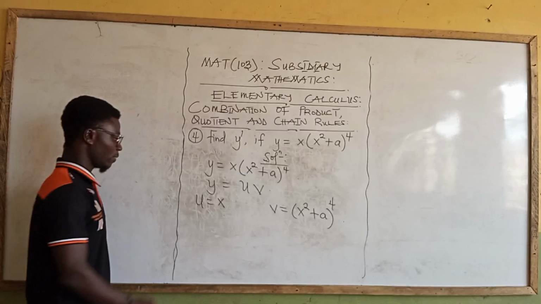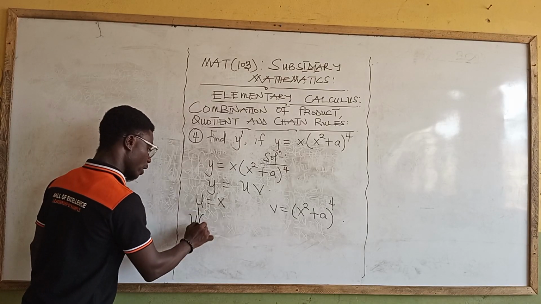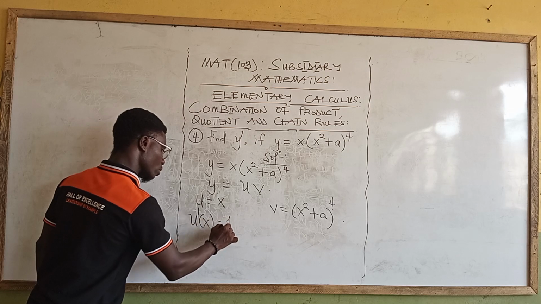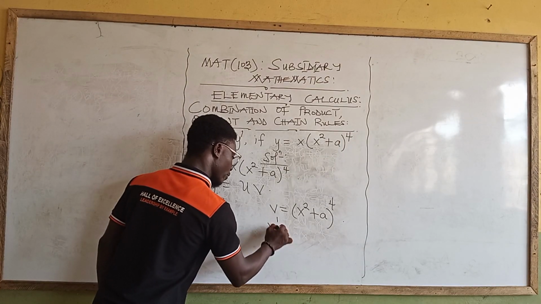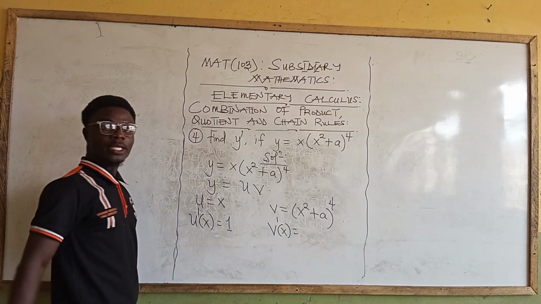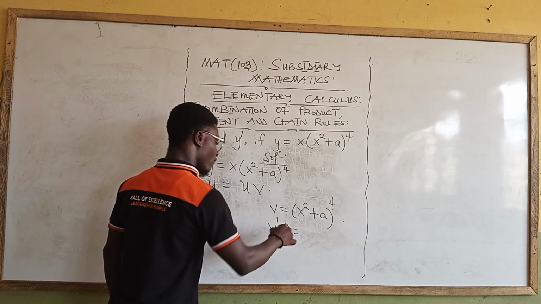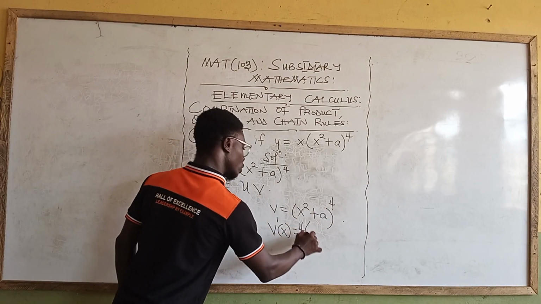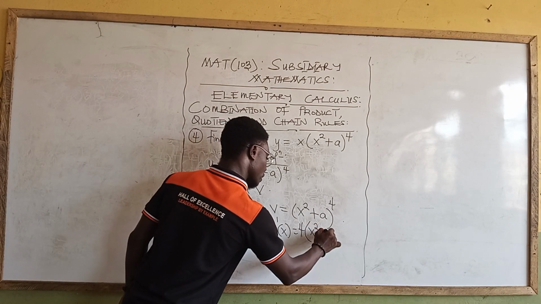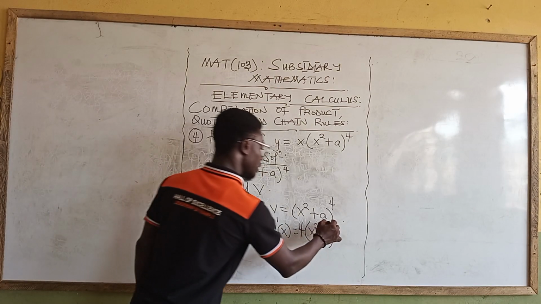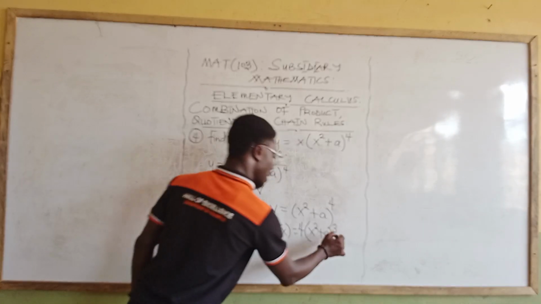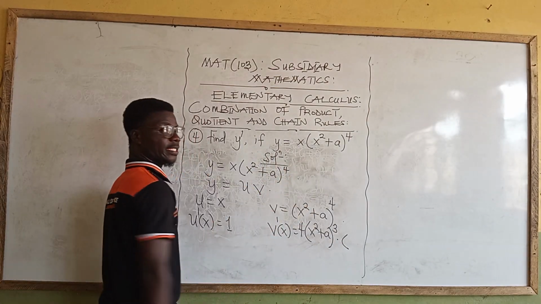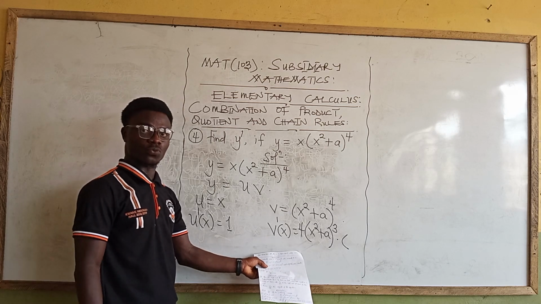Right. So now we can find our u prime with respect to x, which is 1. Here too we can say that our v prime with respect to x can be written as you drop 4 down, then we multiply it by the expression x squared plus a, then we subtract 1 from the exponent, so we get 3. Then times the derivative of the inside, which means we are applying the chain rule here.